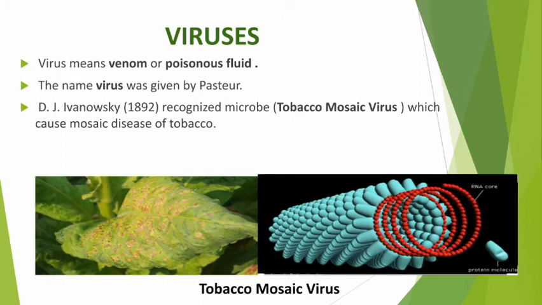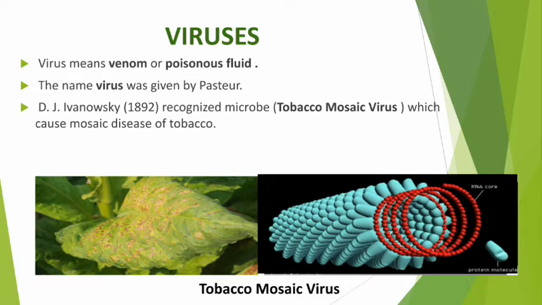Then D.J. Iwanowsky in 1892 first recognized a microbe, and the microbe was the tobacco mosaic virus or TMV, which causes mosaic disease of tobacco.